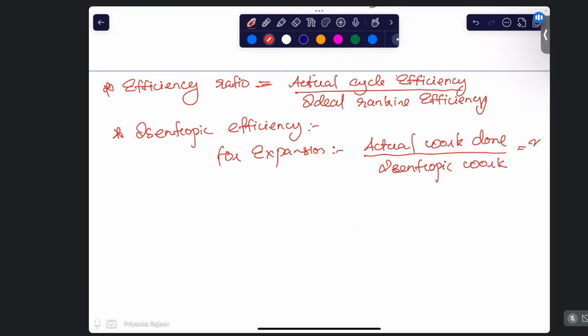So that is eta. Then for compression, it is the other way around: isentropic work by actual work.